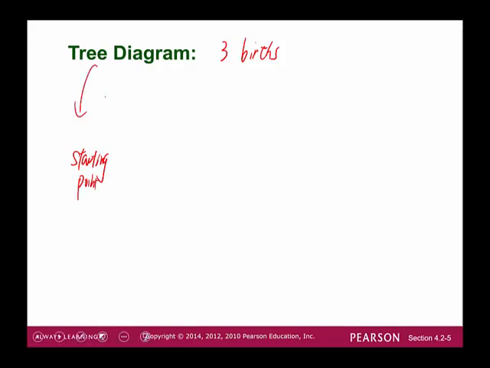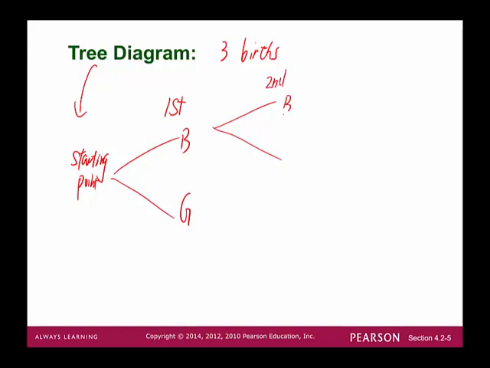It looks like the branches of a tree. This is the starting point. For the first birth, you have a boy or girl. Then you go to the second birth, and the graph looks like a tree. Second child, boy or girl, boy or girl. By the time we get to the third one, it's still similar: boy, girl, boy, girl.